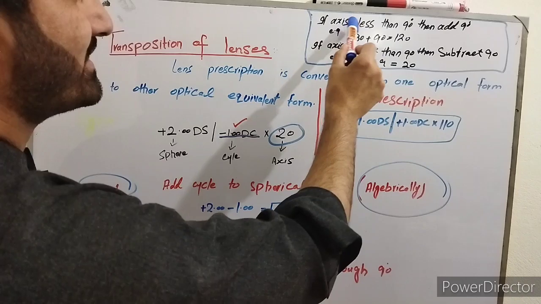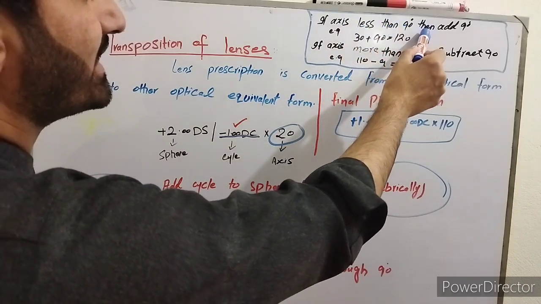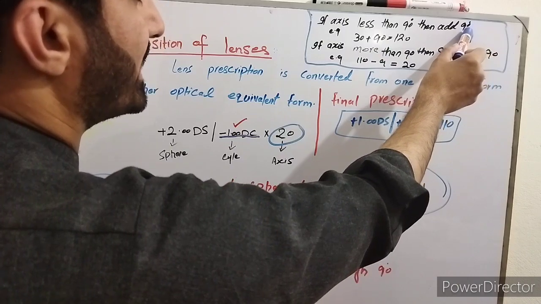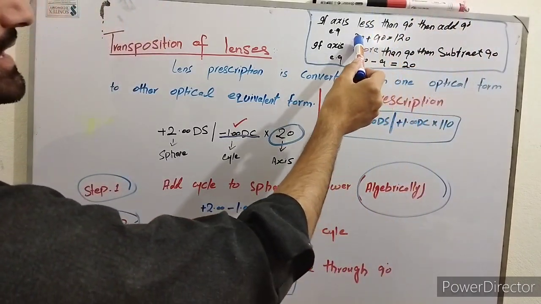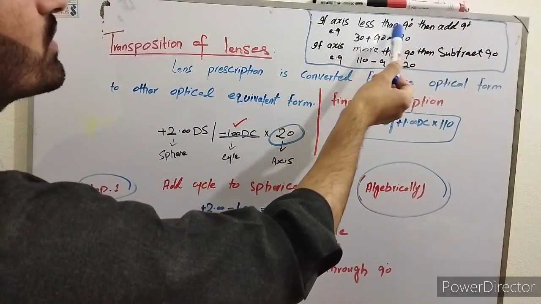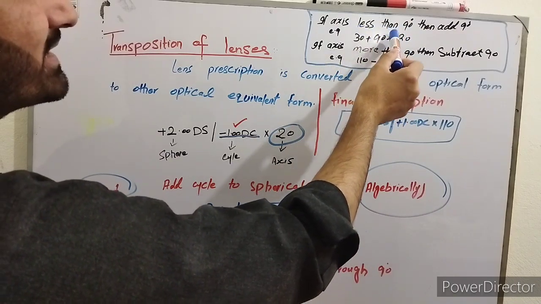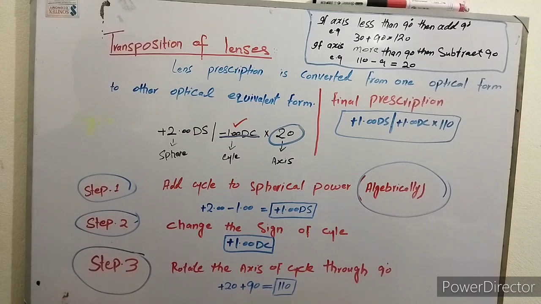If our axis is less than 90 degree, then we will add 90 degree to that axis. For example, 30 plus 90 is 120, 20 plus 90 is 110, 40 plus 90 is 130. Any value that is less than 90 degree, we will add 90 degree to that value.